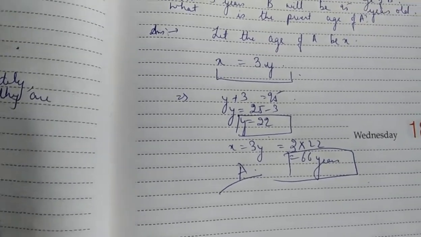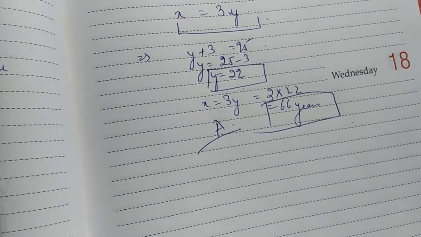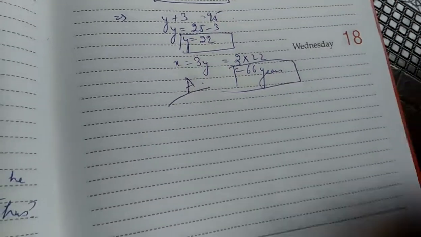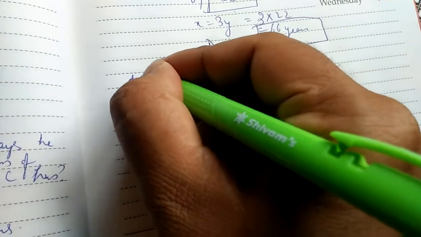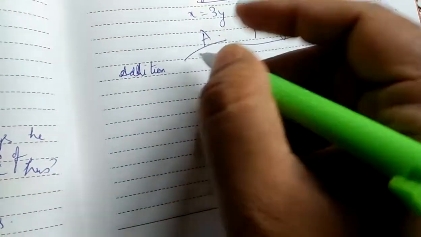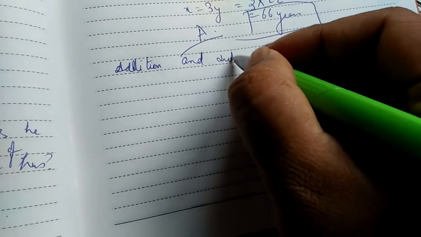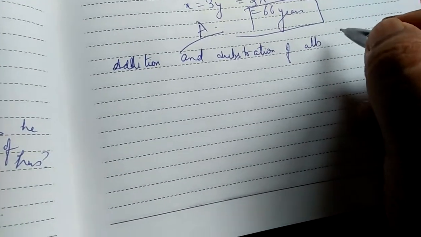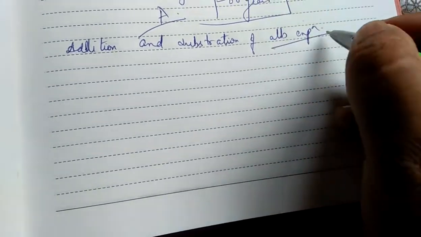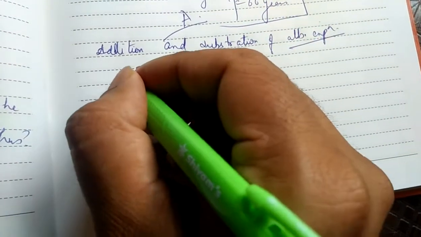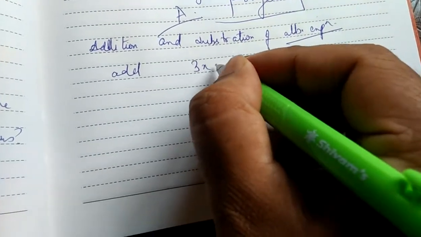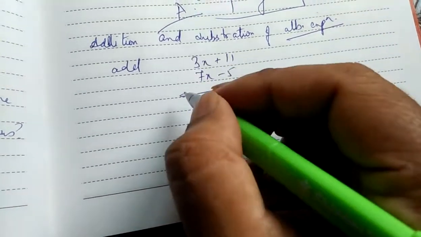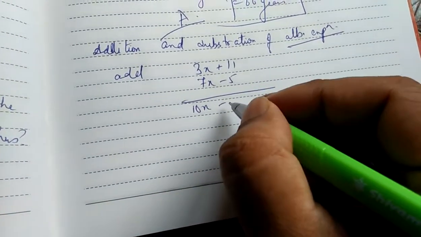All right, so let's see what is next. The next topic is addition and subtraction of algebraic expressions. So let's say add 3x plus 11 and 7x minus 5. This is general addition, 10x plus 6.